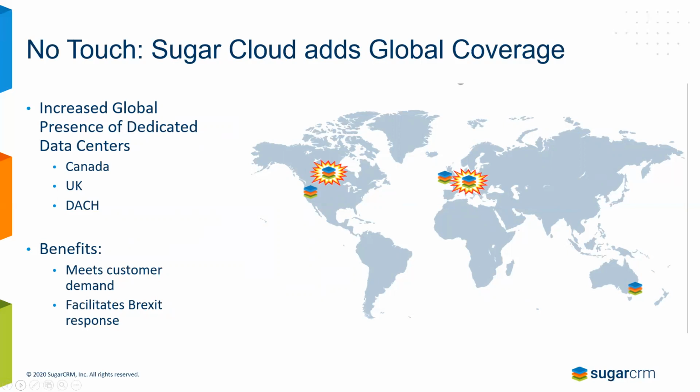And the thinking here was, besides the fact that we had demand for these, we stood up another data center in the UK because we wanted to cover companies who were being put in a situation between having local data in the UK versus the rest of EMEA as a result of Brexit. So we wanted to facilitate a Brexit response.